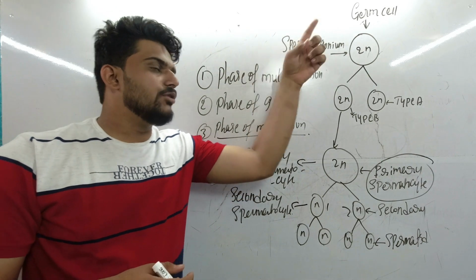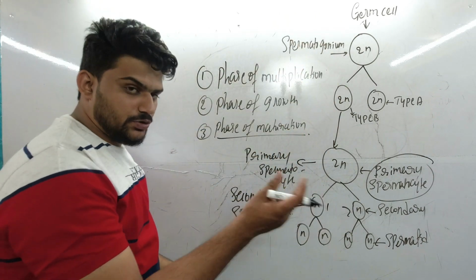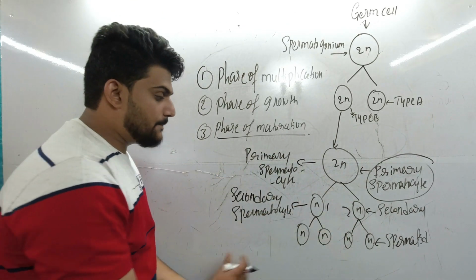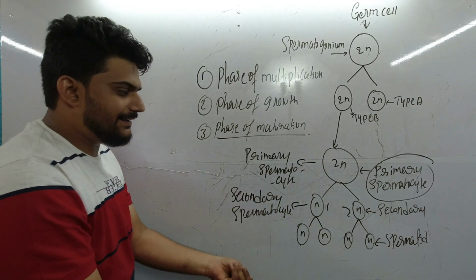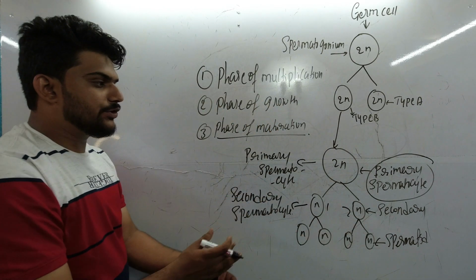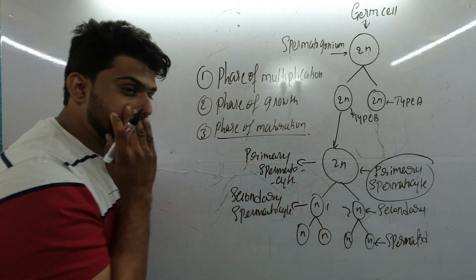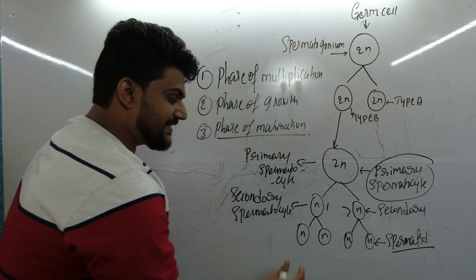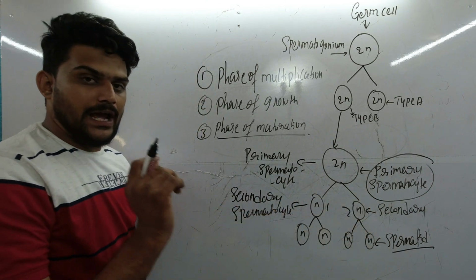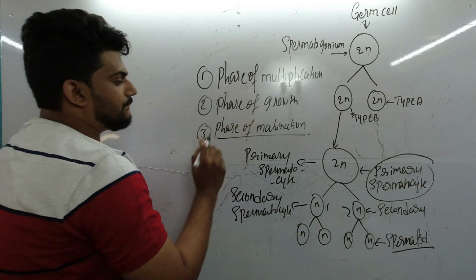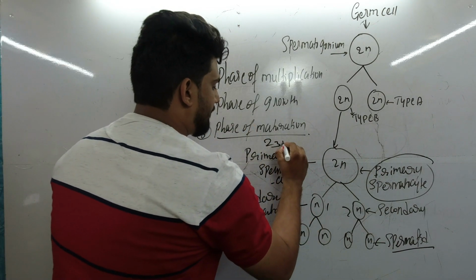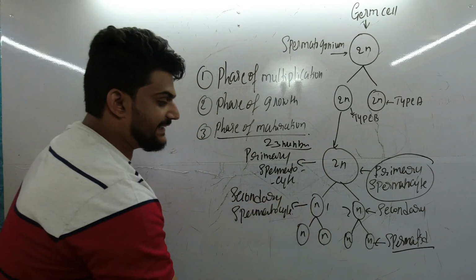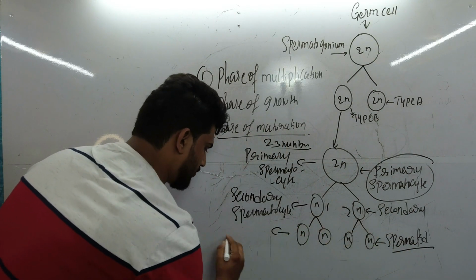I'll put the link on the I button, so if you want to see it, you can go and check it out. Next, the secondary spermatocytes divide again, and we are going to get 4 cells through meiosis, and all of the cells we get are haploid in number. That is, only 23 chromosomes we will have at the end, and those cells are known as spermatids. All these 4 cells are called spermatids.